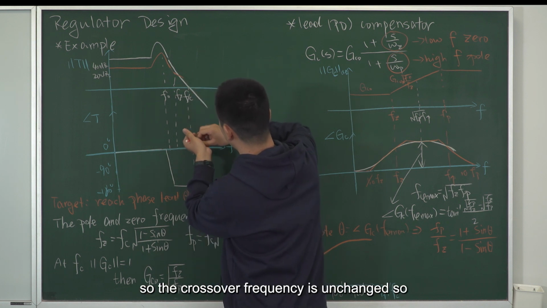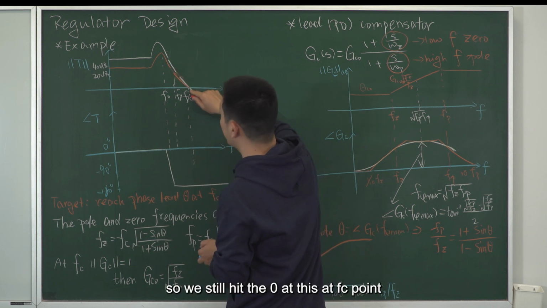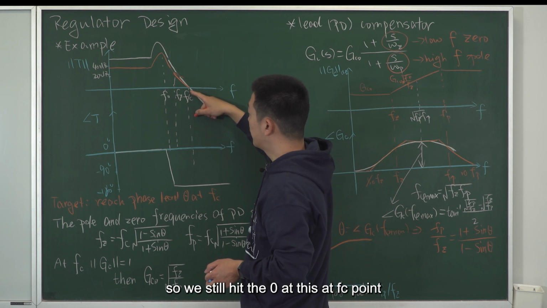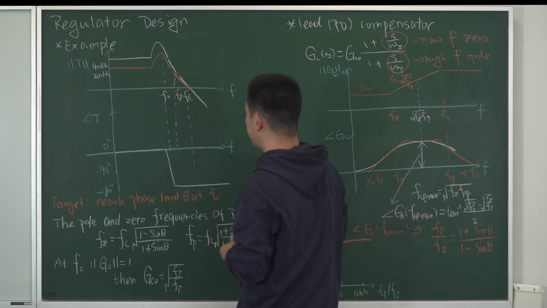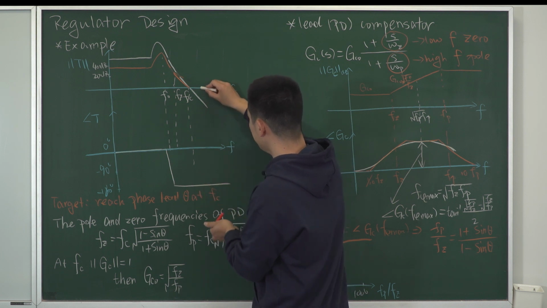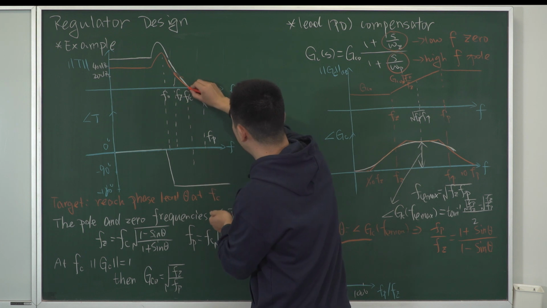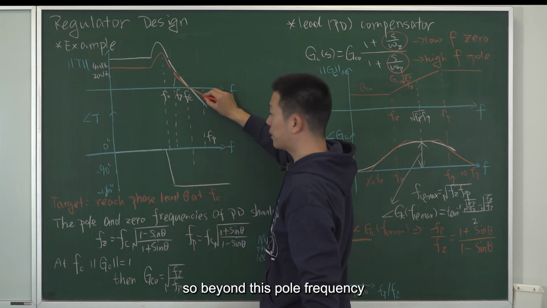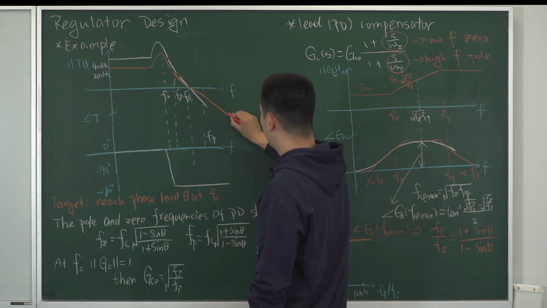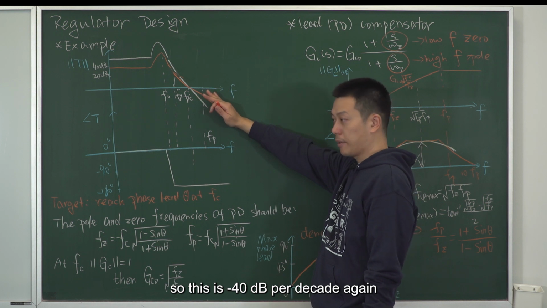So it still hits the zero at this Fc point. And then we would have a pole. So here is the pole frequency. Beyond this pole frequency, there will be minus 20 dB per decade, right? So this is minus 40 dB per decade again.